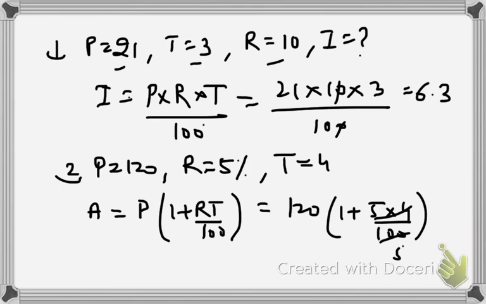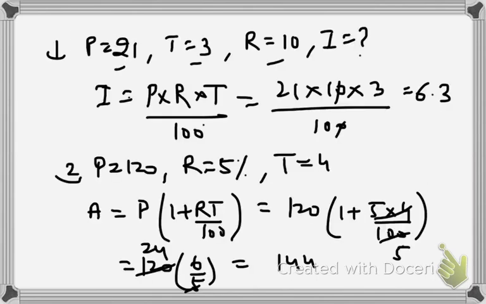Solving this, you get 1 by 5, and this entire bracket becomes 6 by 5. Solving this, you can easily get the answer, that is 144 is the amount.